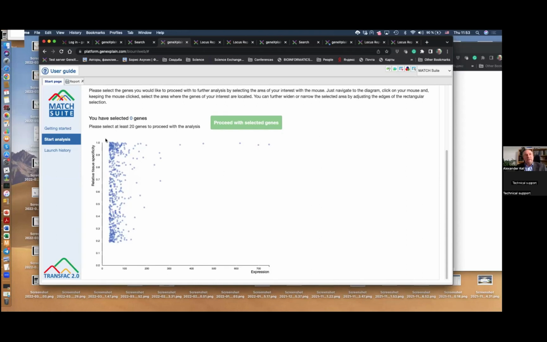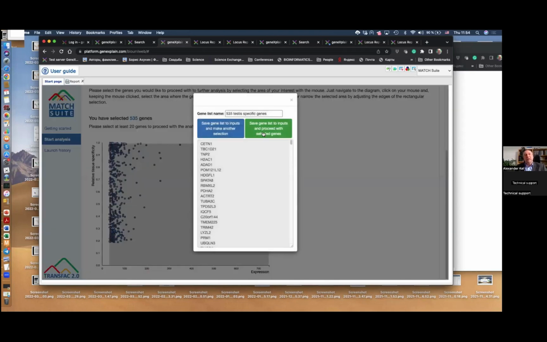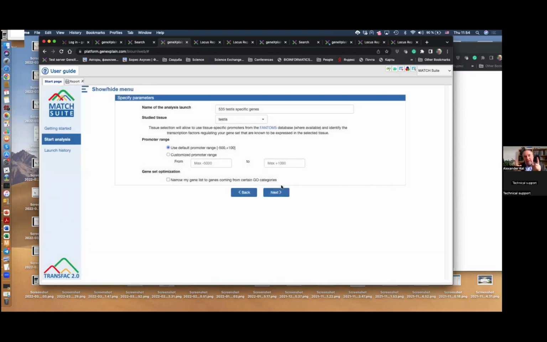You can select those genes, and then you proceed with those genes for the further analysis. What it will do, as I was presenting some time ago, is apply this match not to a single promoter, but to all of the promoters of these 500 genes.